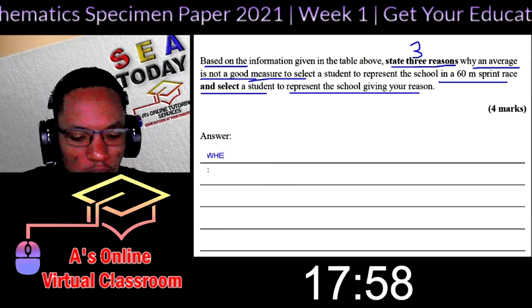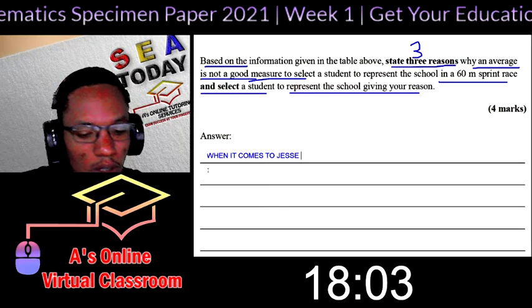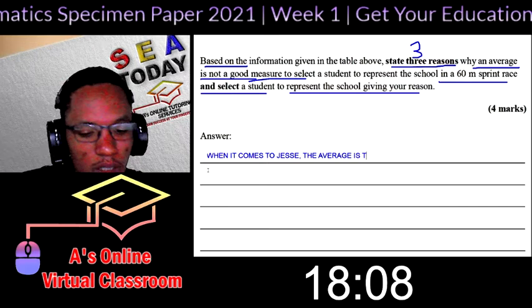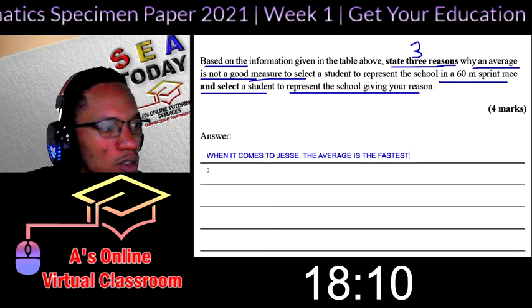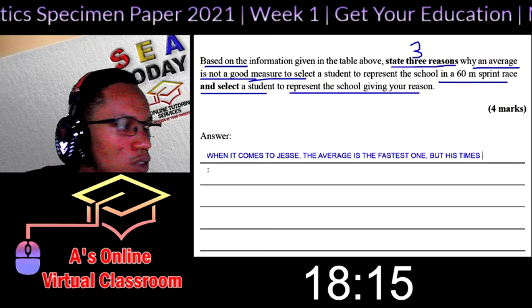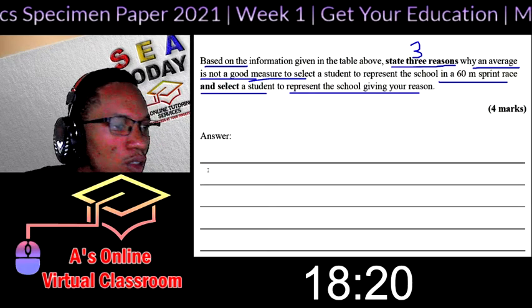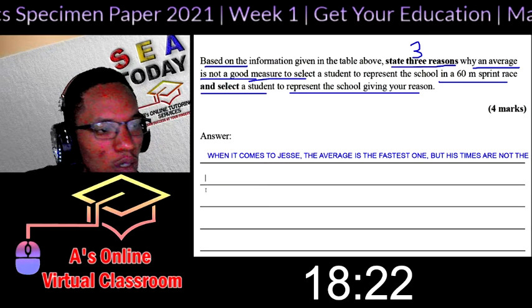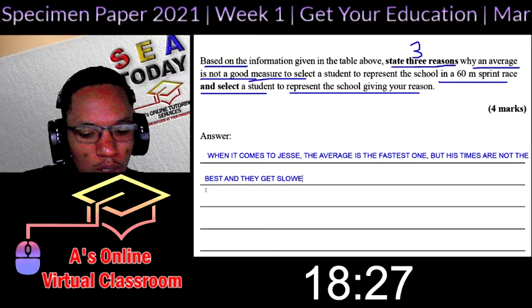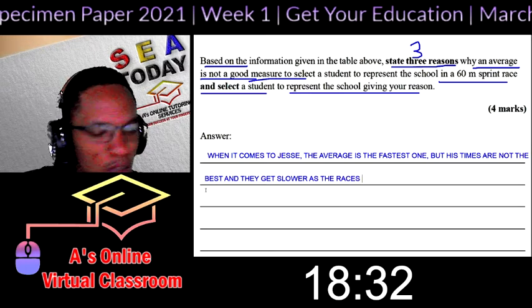So when it comes to Jesse, the average is the fastest one, but his times are not the best, and they get slower as the races continue.